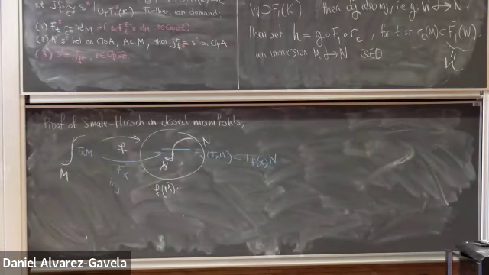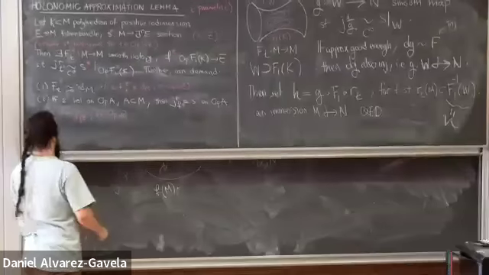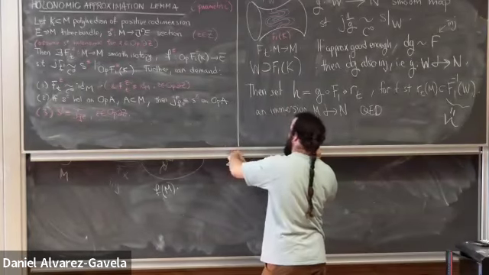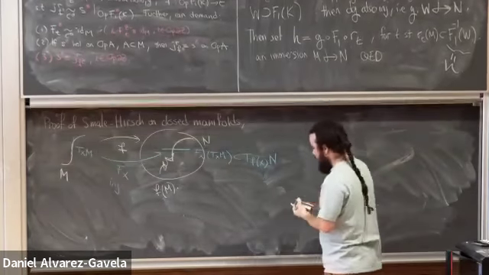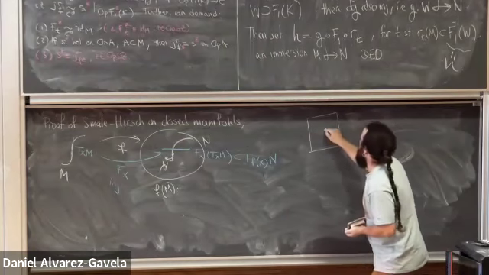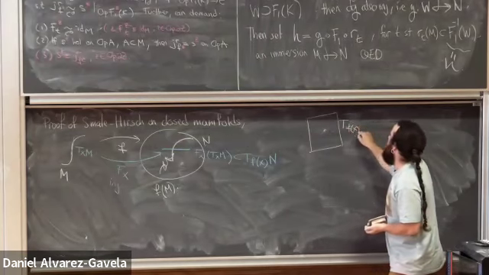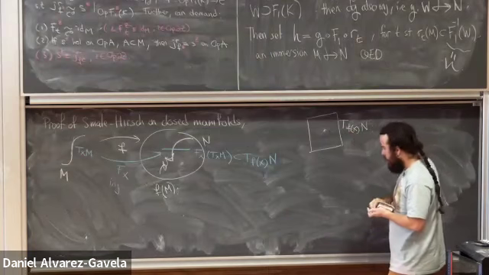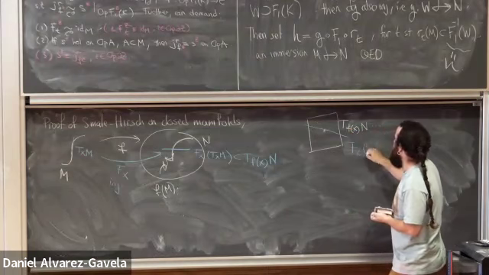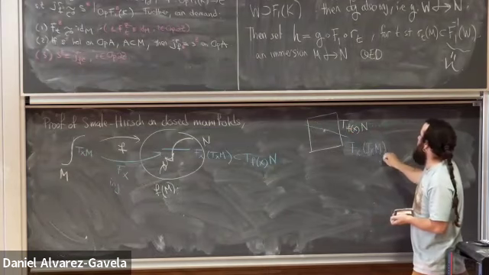Okay. So here's the tangent space to N at f of x. Here is the image by capital F of the tangent space to M at x.